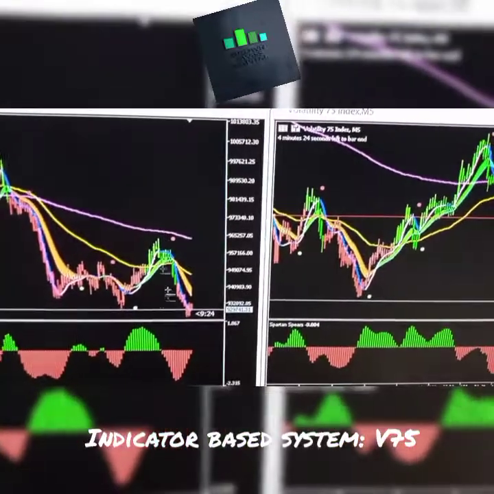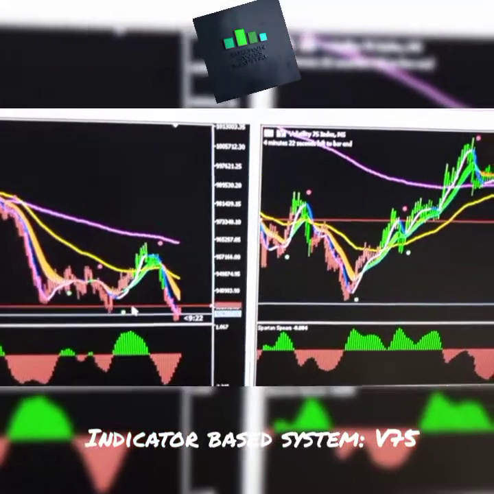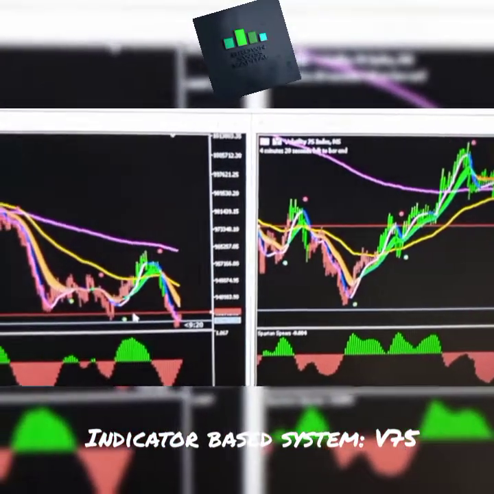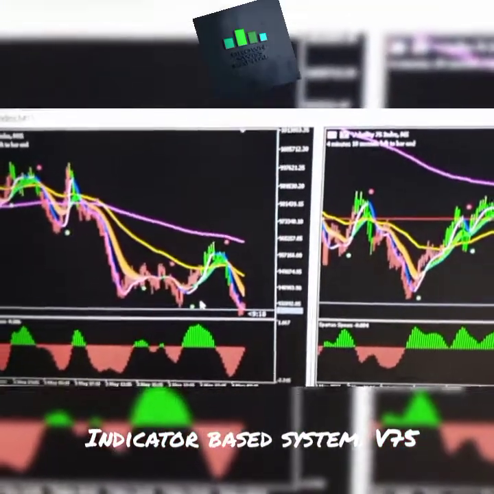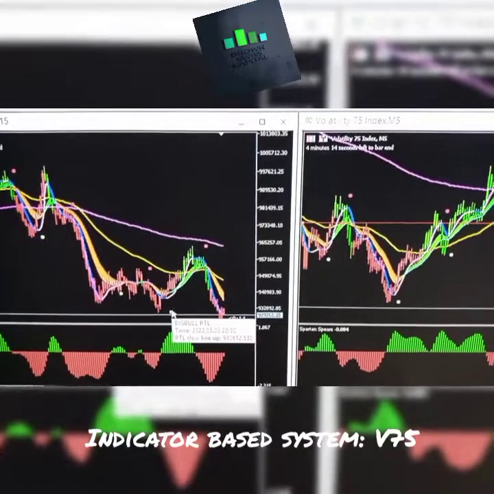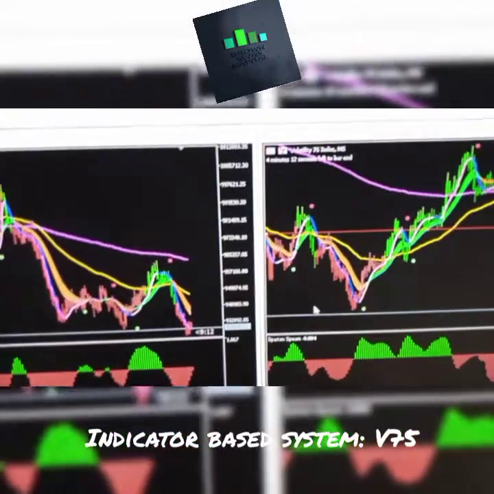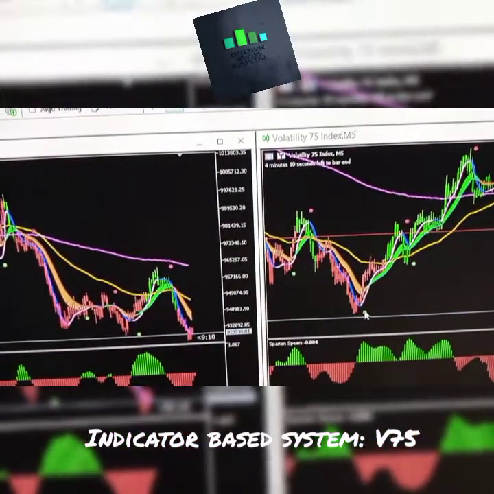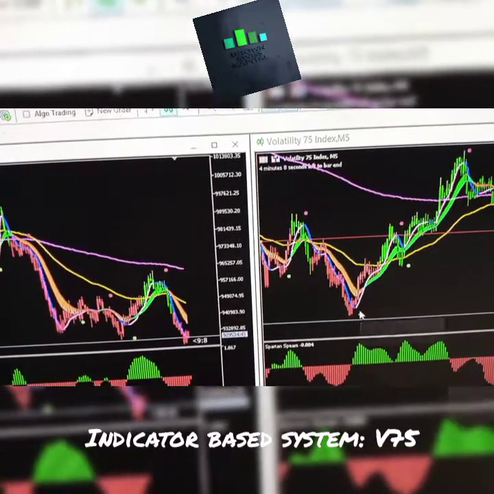So let's take a bullish example. Here a dot appeared, so we do what? We switch to M5. Here a dot also appeared.